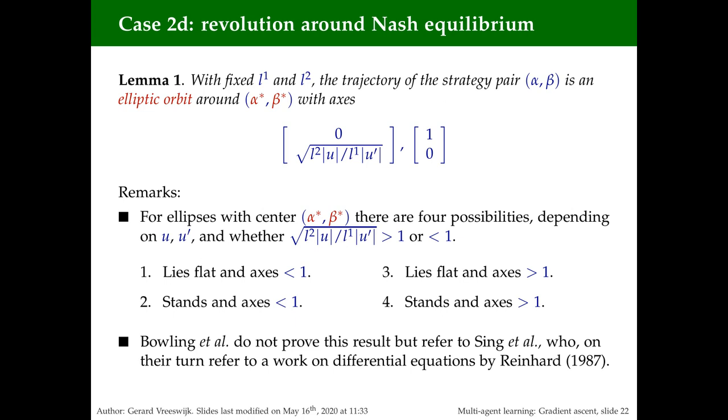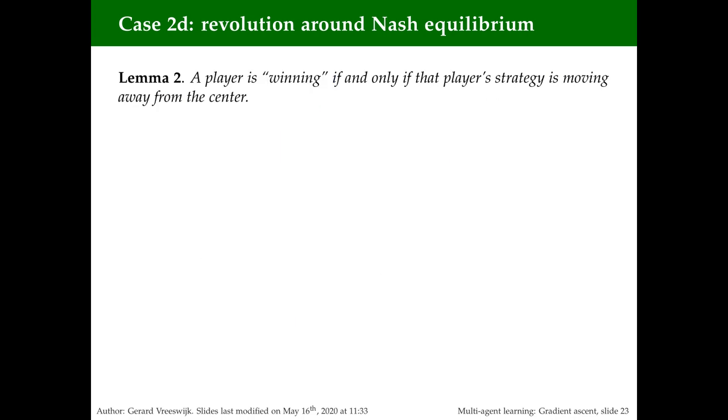Now that is a result proven elsewhere. We are still busy making up a solution for this case in which there is no convergence, to enforce convergence. So we need the following result: the player is winning if and only if that player's strategy is moving away from the center.